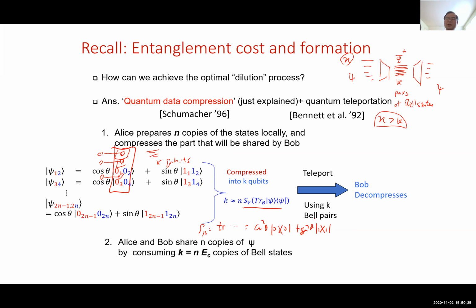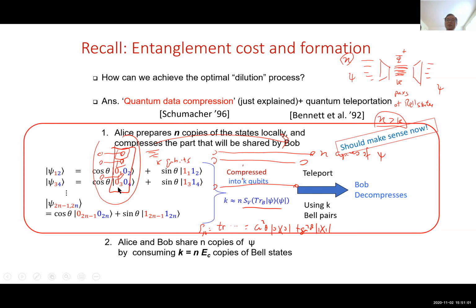And that would appear on Bob's side, and Bob just decompresses. So that should recover it. Initially this is local, but after the scheme, the entanglement will be shared across, and you have n copies of psi. Okay.